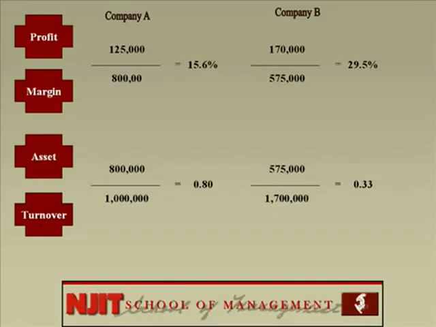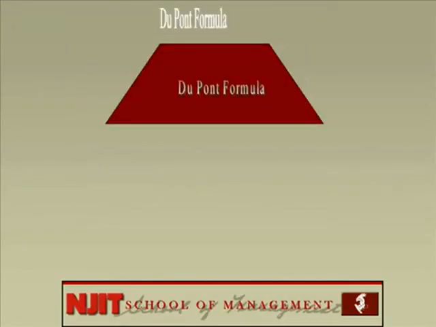To put these together and to find out overall performance, you can also use what's called the DuPont formula. Guess what? It's called the DuPont formula because it was invented by an accountant in DuPont in the 1920s.